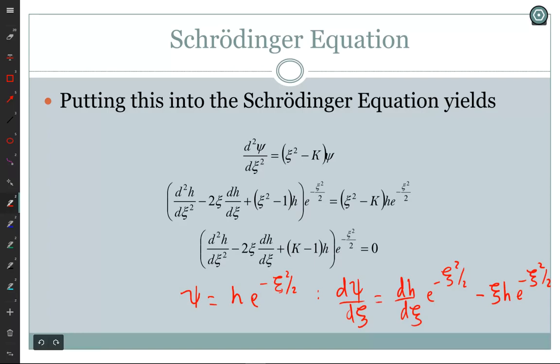I didn't spend a lot of time on this derivative because we just went through the derivative a minute ago. I just used the product rule. Okay, that's the first derivative.